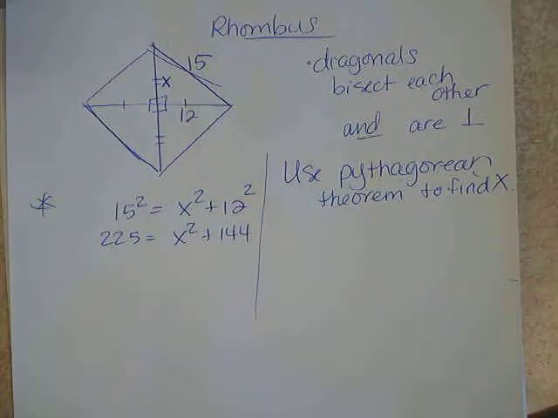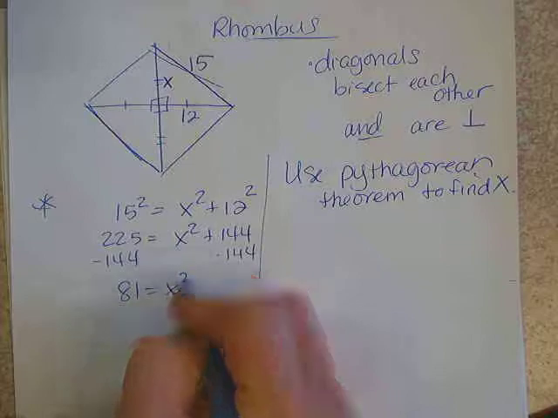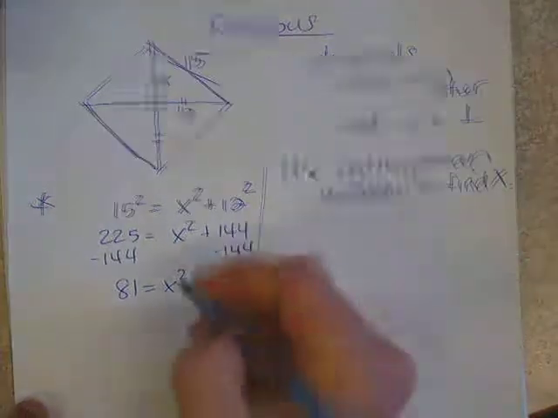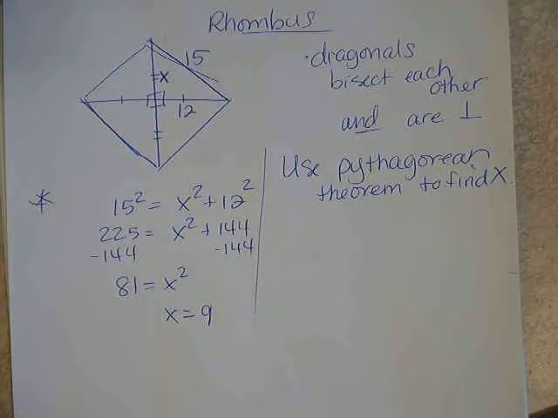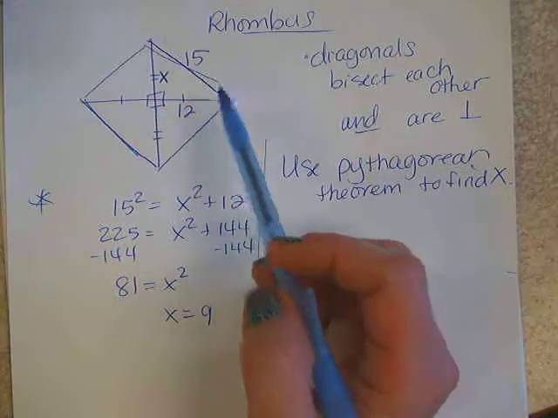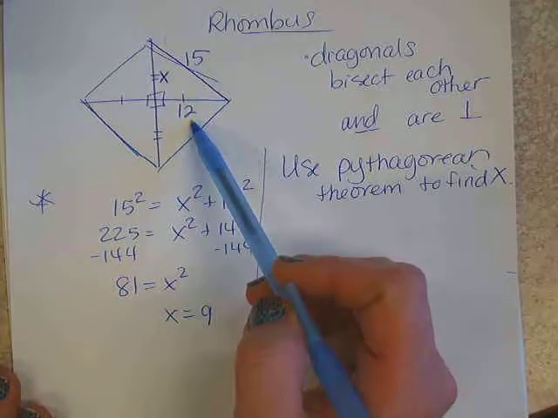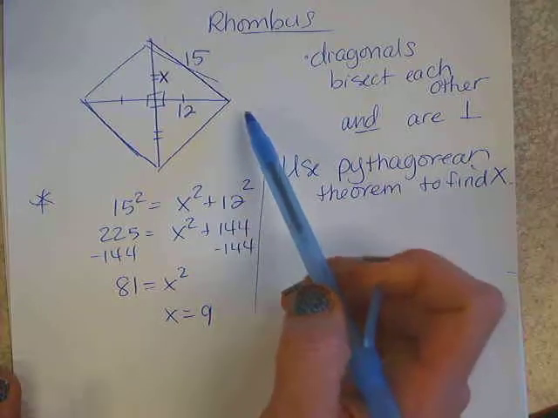You don't want to put 12 and 15 together as the sum. So over here, we're going to do 15 squared equals x squared plus 12 squared. So we have 225 equals x squared plus 144. Subtract 144. So we have 81 equals x squared. So x should be 9.